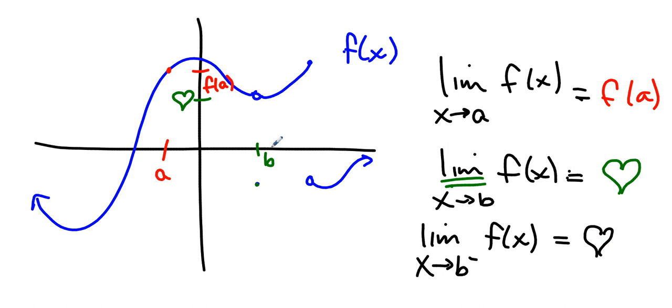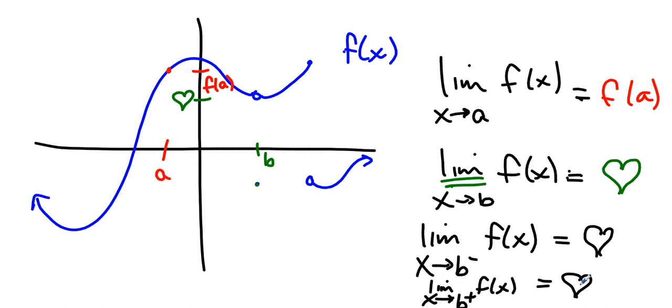Similarly, when we come at b from the right-hand side, we would say that the limit of f of x as x approaches b from the right, and that's a superscripted plus sign, is heart.